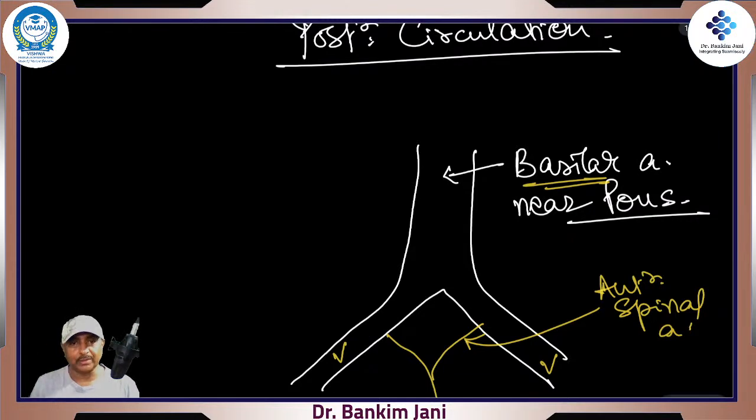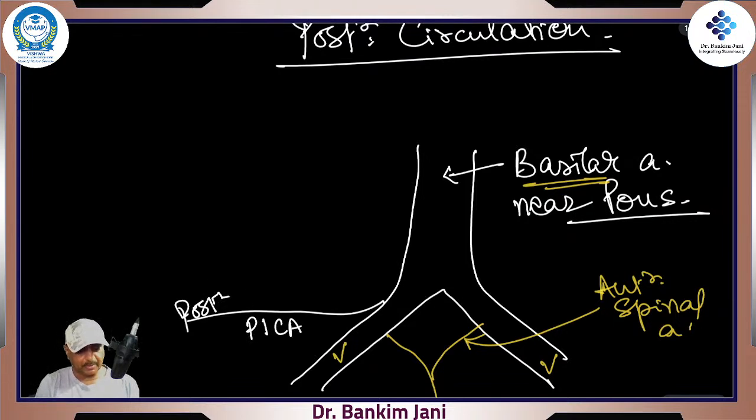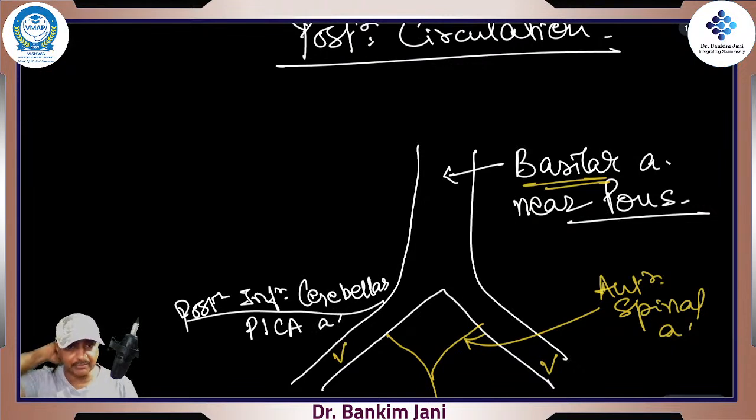We saw that this is giving one branch, and that was the posterior inferior cerebellar artery, PICA, right? You remember? Posterior inferior cerebellar artery, because now we are dealing with the cerebellum.